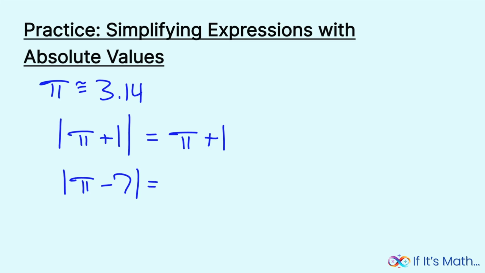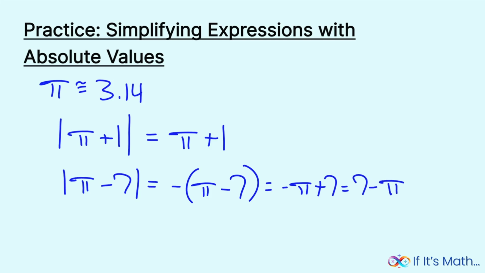And we know from our rules that you multiply the whole expression by a negative. So that's the equivalent of a negative times pi minus 7, which gives you negative pi plus 7, which ends up as 7 minus pi.